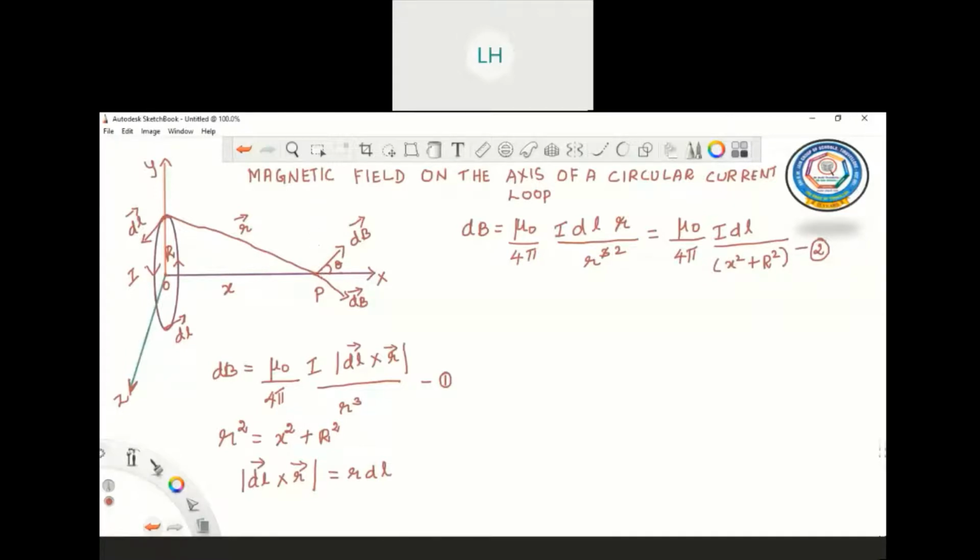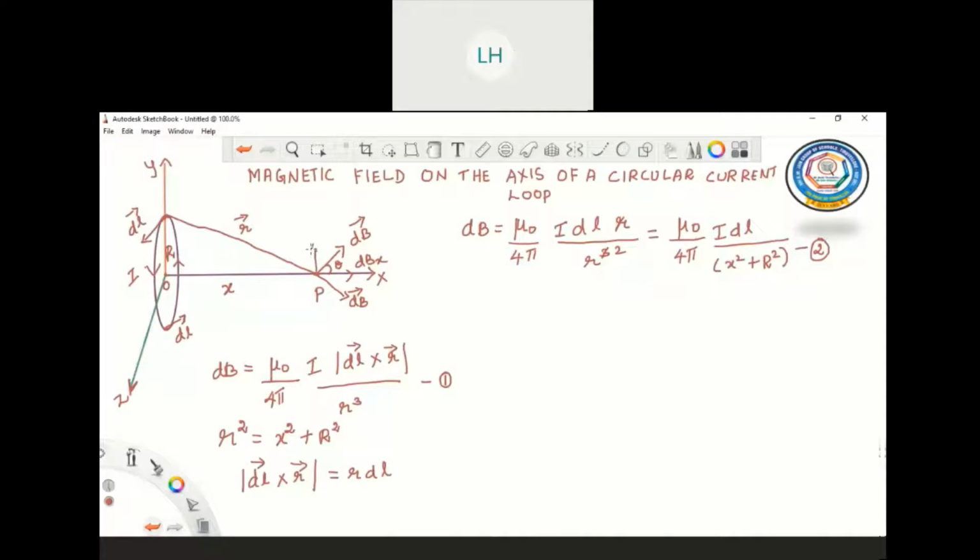Okay. So I am going to write this as my dBx. That is the component which is along the x direction. Okay, so shall I write here as dBx? Yes. This is the component along the x-axis. And I have one more perpendicular component, which is along the y-axis also.